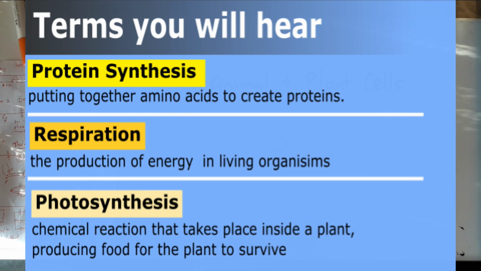If you have building blocks, you need to put them together or stack them together to get protein. The act of putting together these amino acids is called protein synthesis. So protein synthesis is basically the creation of proteins from smaller parts.